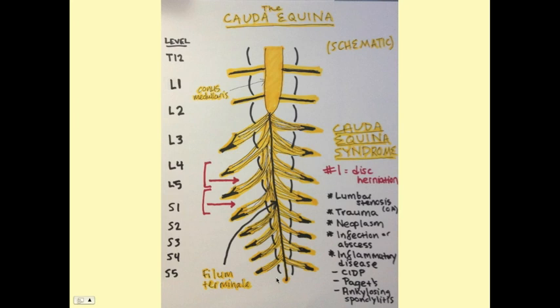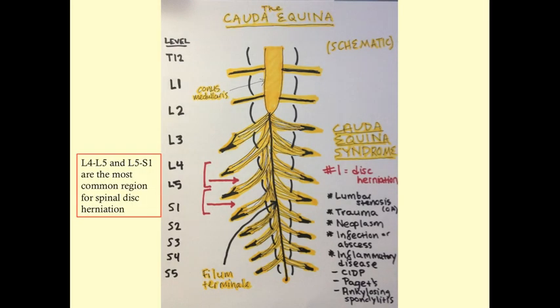There is a fiber that attaches the conus medullaris to the sacrum, and that's called the filum terminale, so you may hear that word thrown around. By far, the number one cause of Cauda equina syndrome is disc herniation. The most common place to have a spinal disc herniation is between L4, L5, and L5-S1.